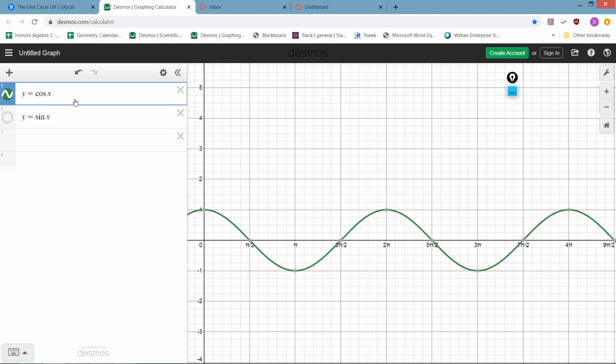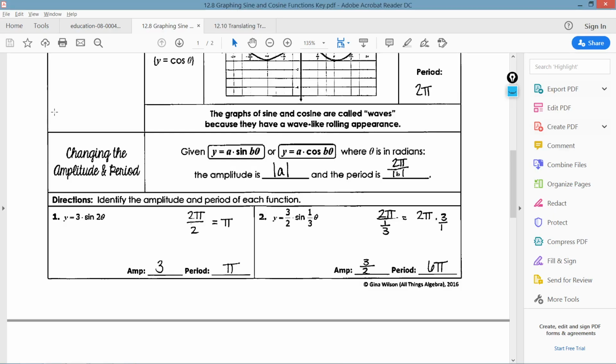Let's stick to theta then. I'm just changing x to theta, so it looks like this formula right here, so it's a little less visually confusing. Theta is just x. Theta is used for angles, typically, so don't be alarmed by that.